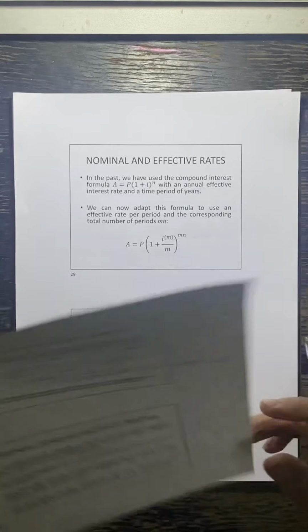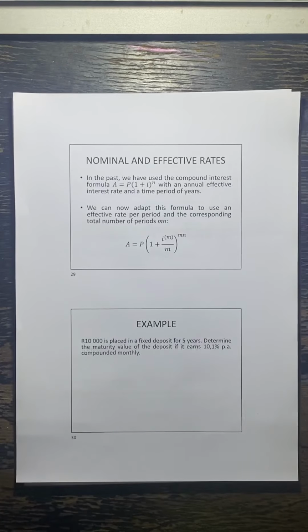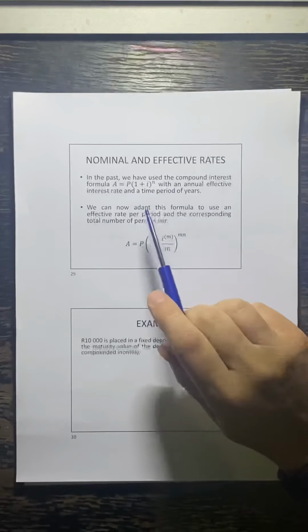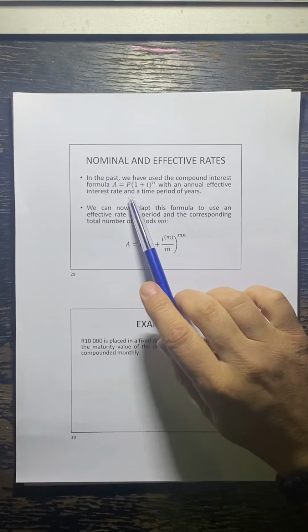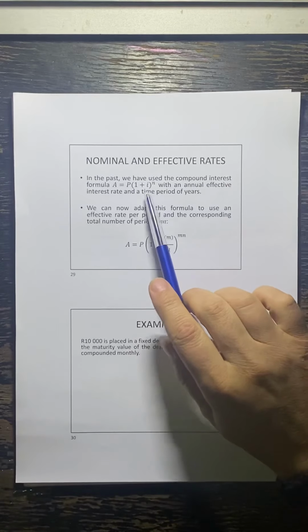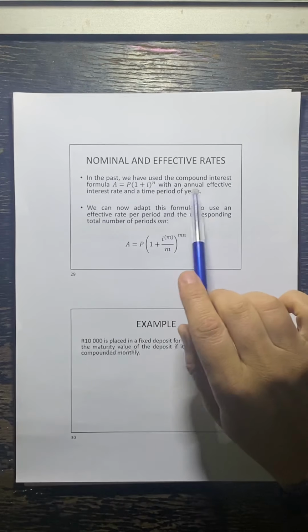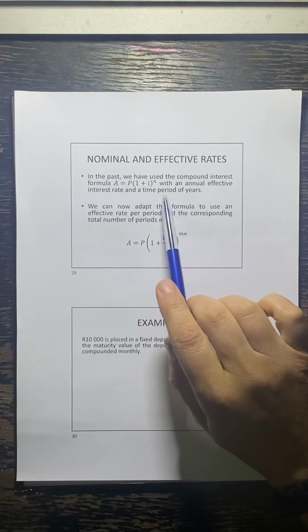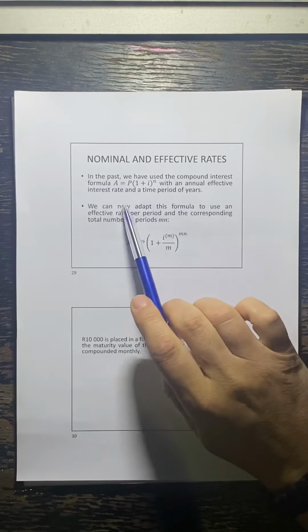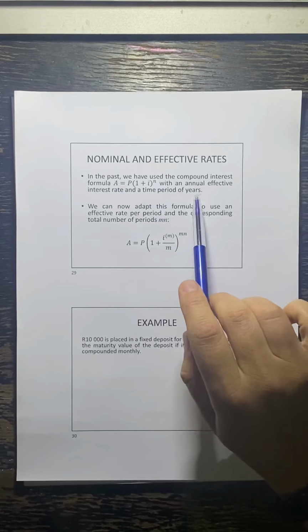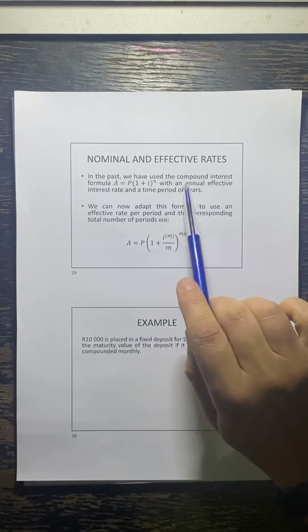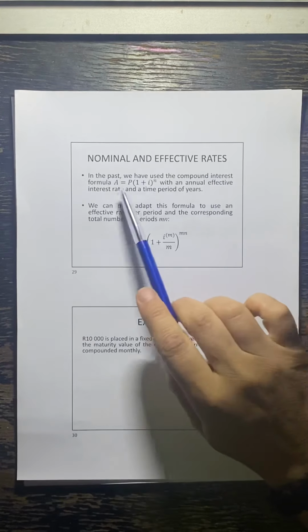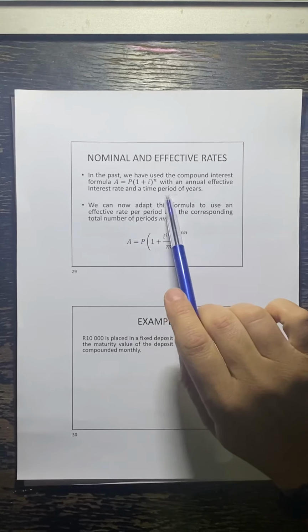Okay, so in the past, we have used the compound interest formula A is equal to P(1 plus i) to the power of n, with an annual effective interest rate and a time period of years. Okay, that's important. So your interest rate was per annum, and it was asking in a period of years.